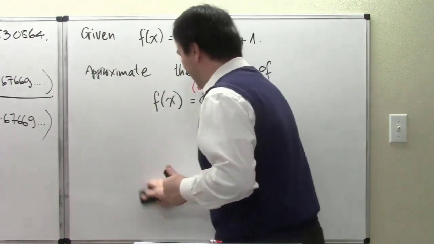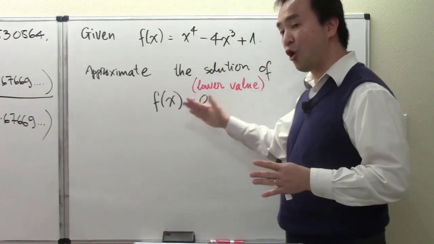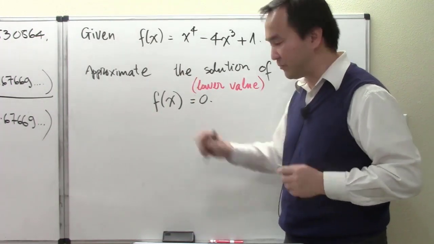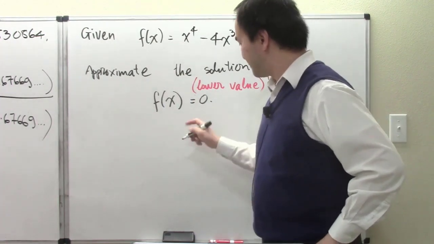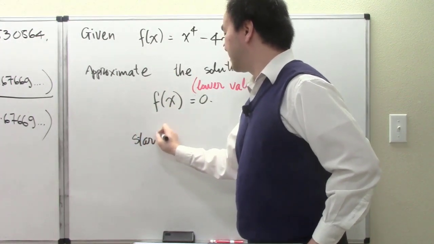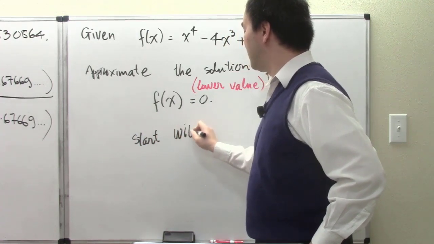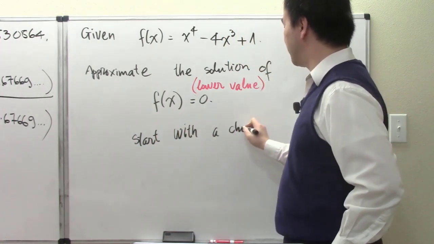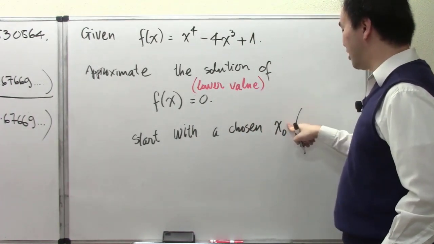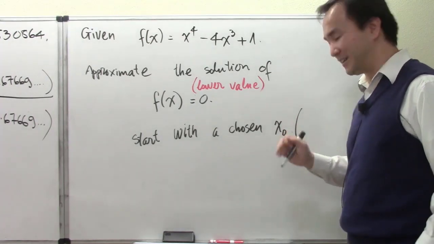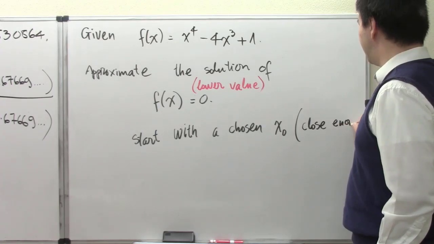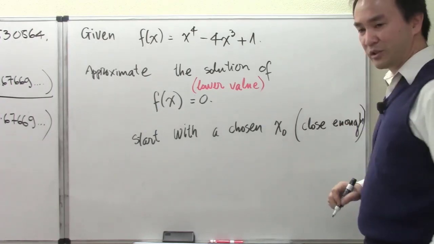Provided that you already understood well enough what our goal is, and provided also that you already found the derivative of your function, then to approximate this value, the whole idea is to start with a chosen x sub 0 value, and I have to put a note: close enough to the actual solution.